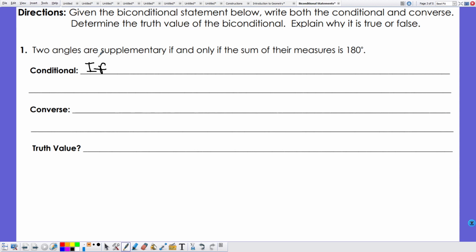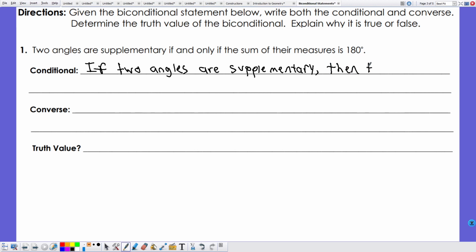So if two angles are supplementary, then, and now we'll write out the statement Q, which is the sum of their measures is 180.